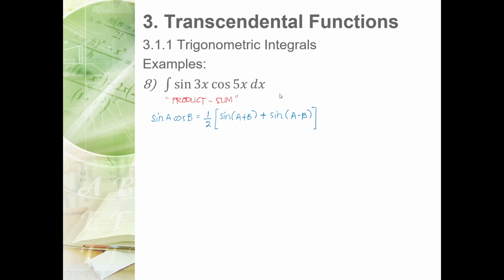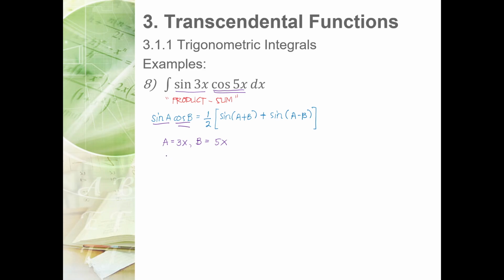Okay, so if we try to use this particular identity, we have to learn first what the values of A and B are. So A is, of course, 3x. And then the B parameter is your 5x. So sine A, sine 3x, cosine B, cosine 5x.